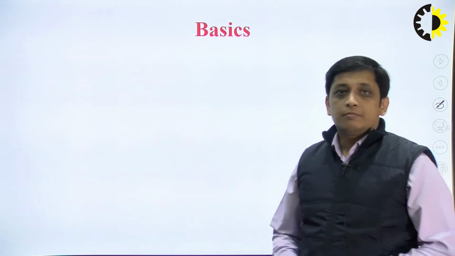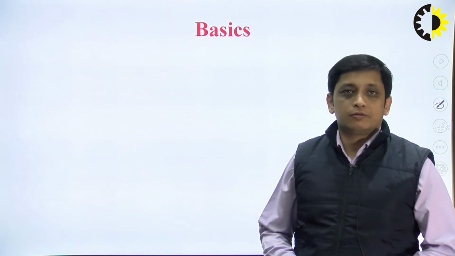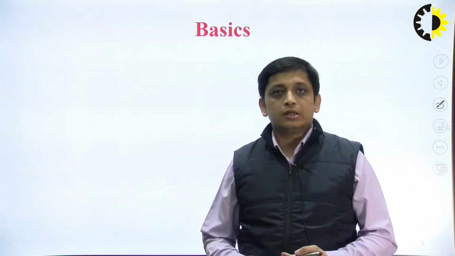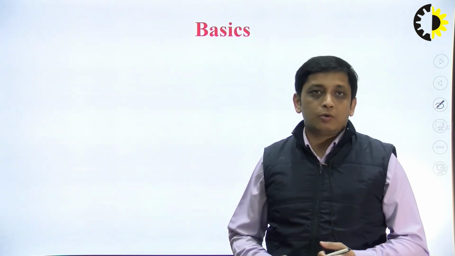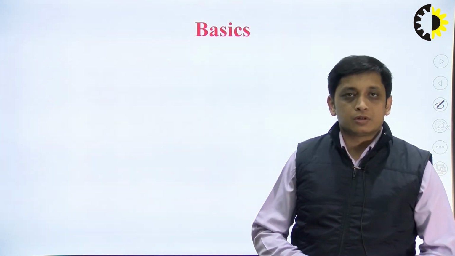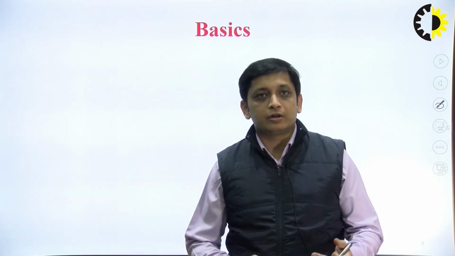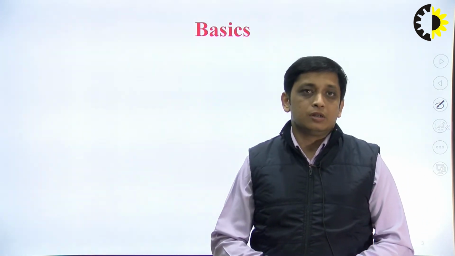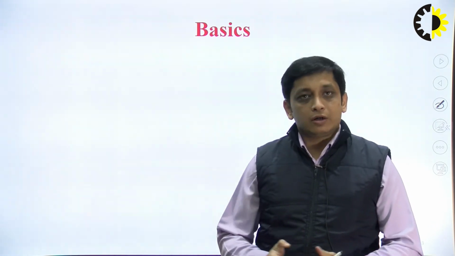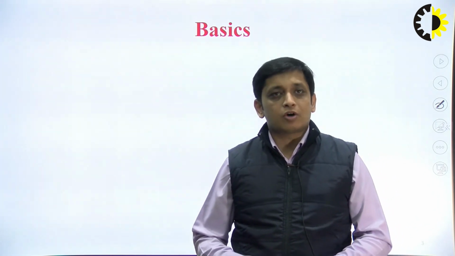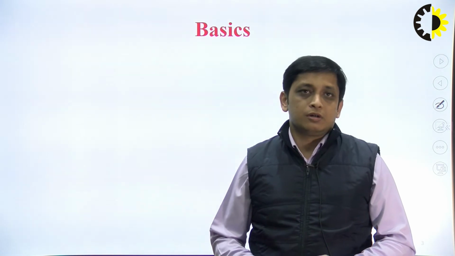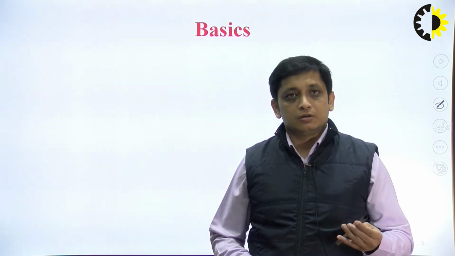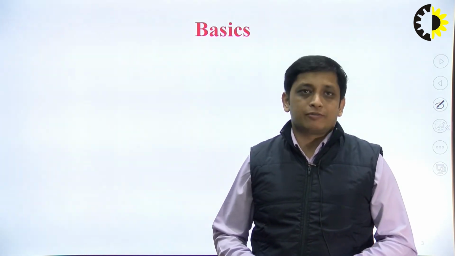Now, before starting the topic voltage comparator, firstly we need to understand how we can use operational amplifier in different modes, like in open loop mode and in closed loop mode. You had already studied the various op-amp circuits in which you had used negative feedback and positive feedback, right?